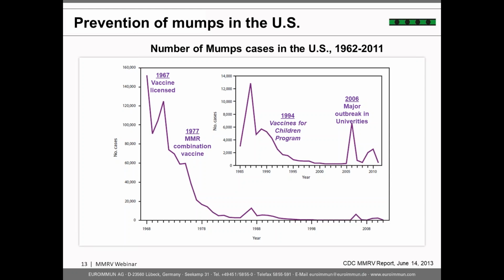There was in 1993, 1994, just for measles, the Vaccine for Children program, which allowed school kids to have access to the vaccine even without health insurance, which improved things dramatically. But there was one major outbreak in 2006, mainly localized at universities, not very spread out, but mainly affecting young adults.